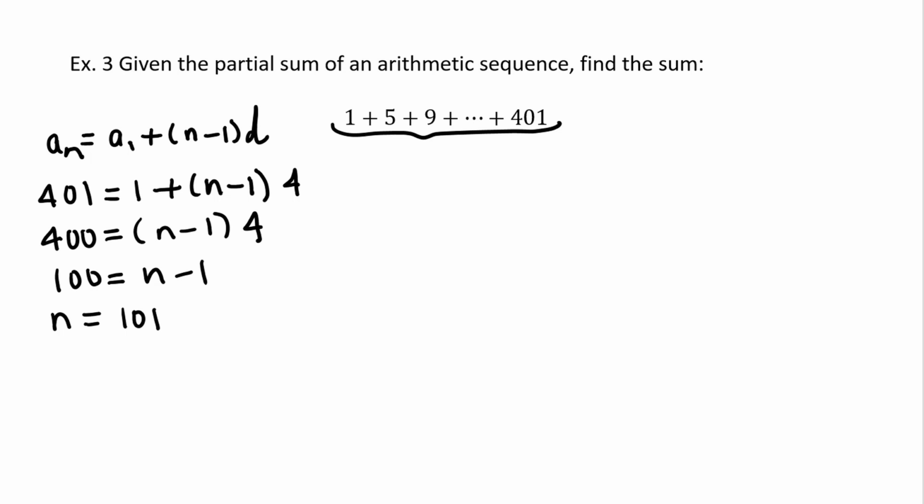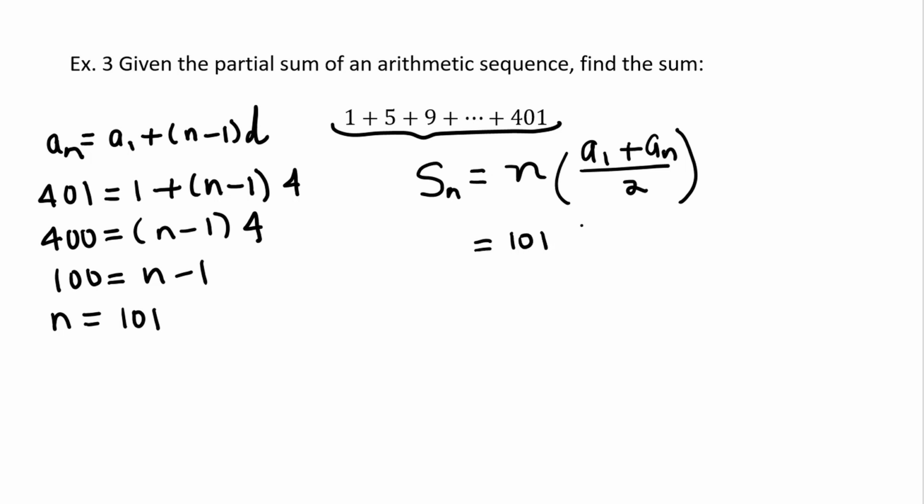Now, let's use one of the two summation formulas for arithmetic sequences. I'm going to use S sub n equals the number of terms multiplied by the sum of the first and the last term, divided by 2. We know that n is 101. We just computed that. The first term of the sequence is given. It's 1. The last term, or the nth term, is 401.